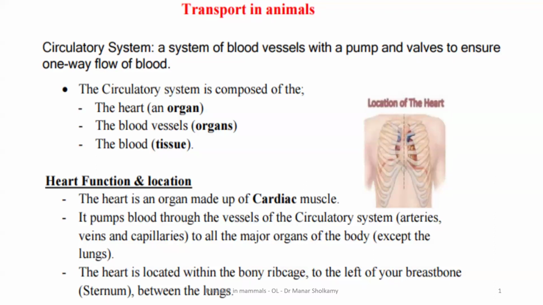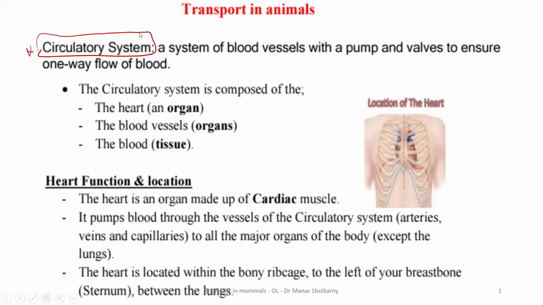Okay, now transport in animals. This is a continuation of human biology. Transport in animals is another name for the cardiovascular system or the circulatory system. We will start by defining the circulatory system.